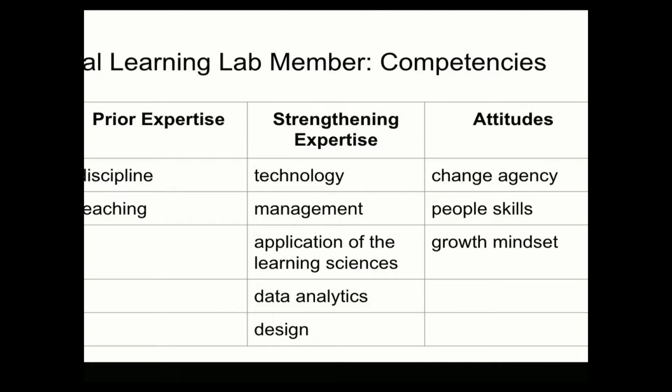These competencies all fit within a concept similar to learning engineering, and there was a paper at MIT calling the Digital Learning Lab members learning engineers, a concept that came from Carnegie Mellon a long time ago.